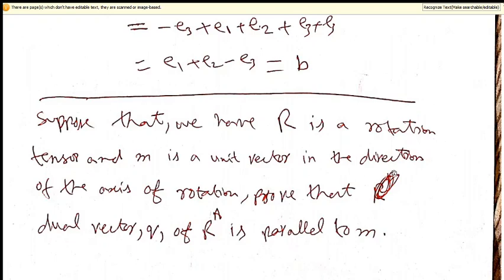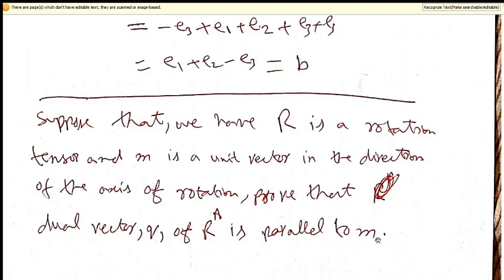This result says that if you have a rotation tensor R, and there is a unit vector m in the direction of the axis of rotation, then you have to show that the dual vector of RA, where RA means the antisymmetric part of this R, is parallel to m.